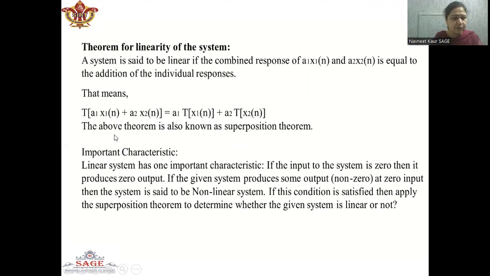According to the superposition theorem, a1x1[n] plus a2x2[n], when operated by this system, will give a1 times the output of x1[n] plus a2 times the output of x2[n]. So this defines the superposition principle. If a system satisfies this superposition theorem, then the system is known as a linear system.